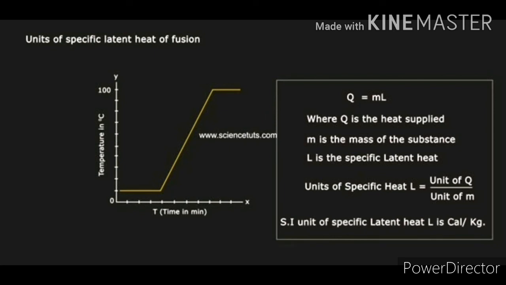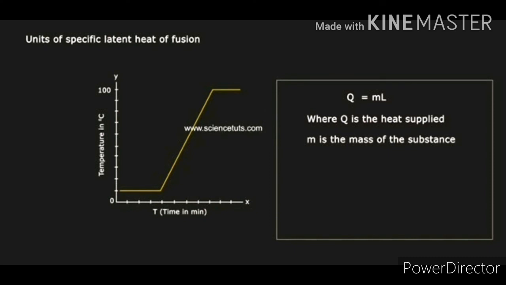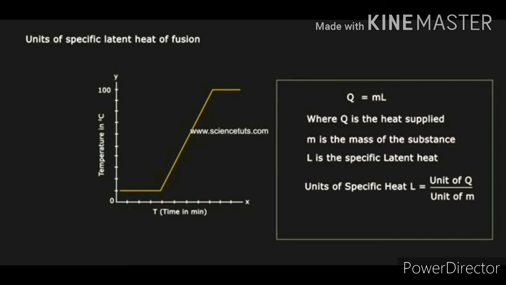So the SI unit of specific latent heat L is calorie per kilogram. Q, again I repeat, Q is the heat supplied. So Q = mL is the heat supplied when the substance is changing from solid to liquid, or the heat supplied when the substance is changing from liquid to gaseous. So the SI unit of specific latent heat L is calorie per kg.